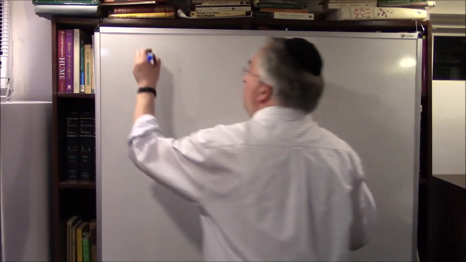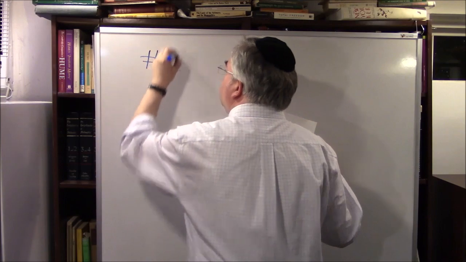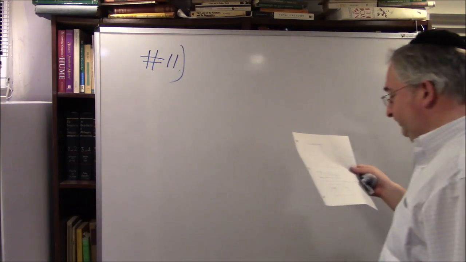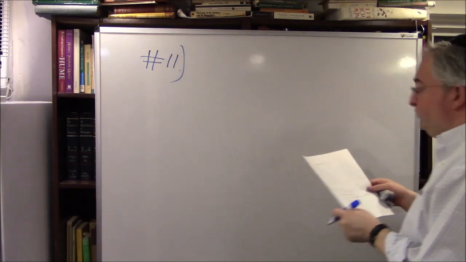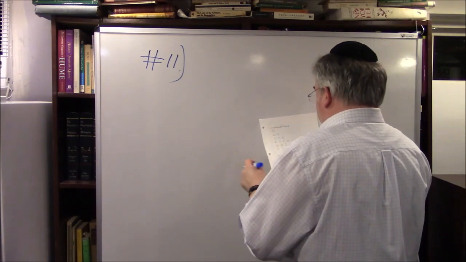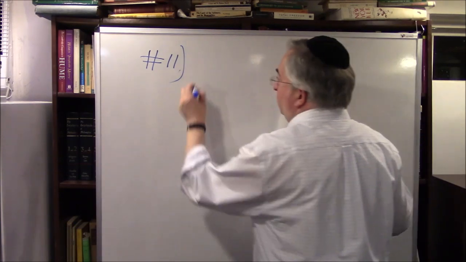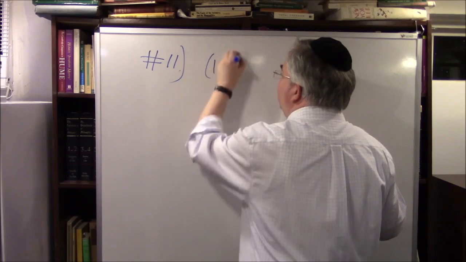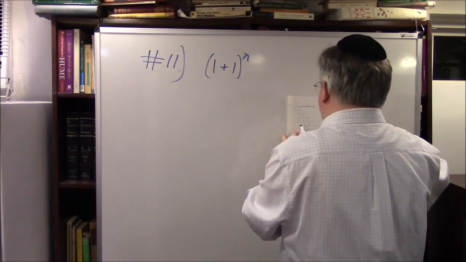I just want to do homework number 11. And it says as follows. Well, we want to use this (1 plus 1) to the nth power. Well, what's that equal to?